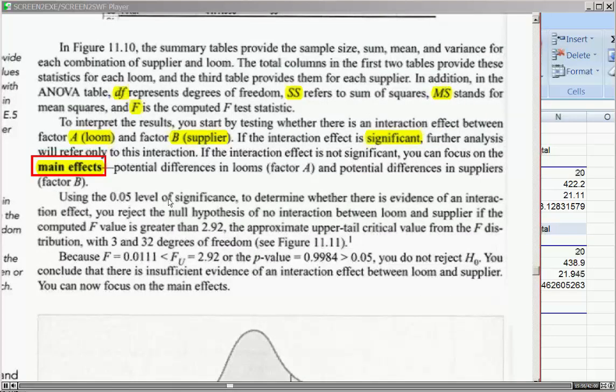Using the 5% level of significance to determine whether there is evidence of an interaction effect, you reject the null hypothesis of no interaction between loom and supplier if the computed F value is greater than 2.92. The approximate upper tail critical value from the F distribution, that's the critical value, with 3 and 32 degrees of freedom.